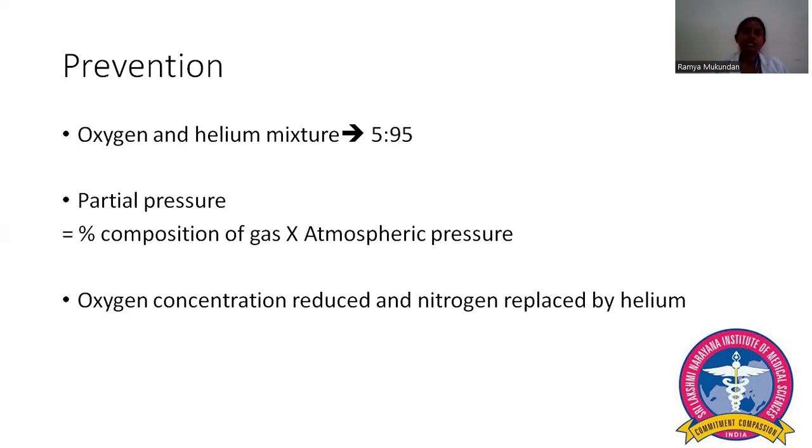So depending on the depth of the sea, the atmospheric pressure increases. So what can we do? We can alter the composition of the gas which is being delivered to the respiratory system. That is, here instead of giving 20% of oxygen, we can reduce the concentration of oxygen to 5% to reduce its toxic effect. So 5% oxygen and 95% helium is given in the place of oxygen and nitrogen. This is how it can be prevented.